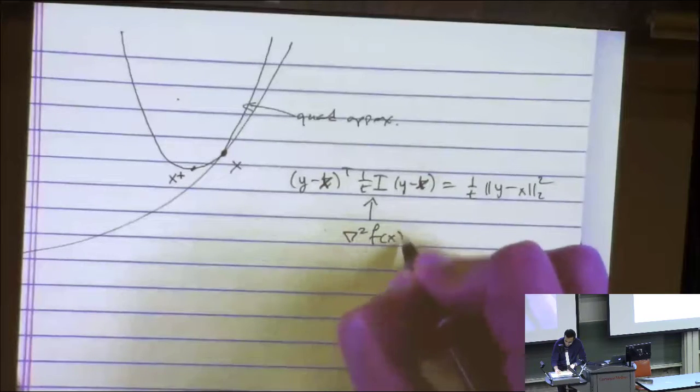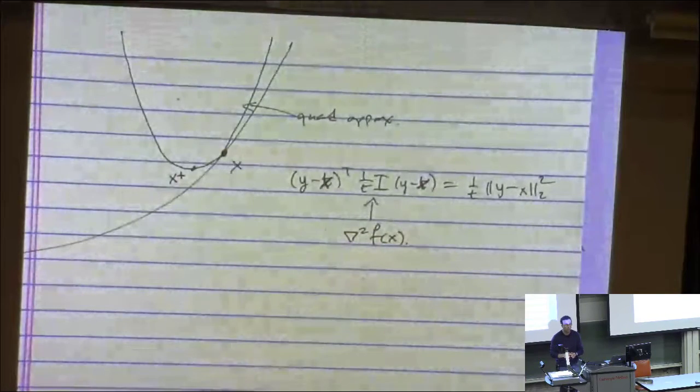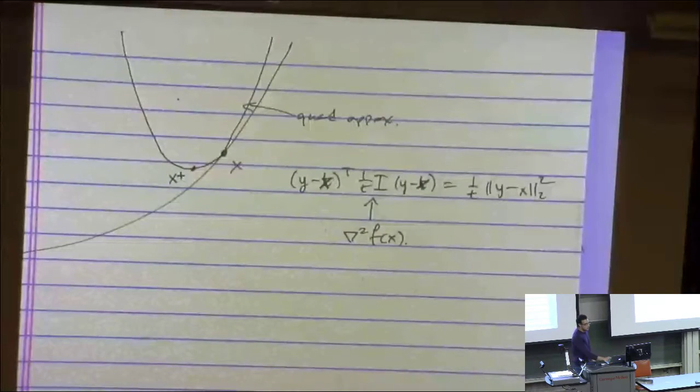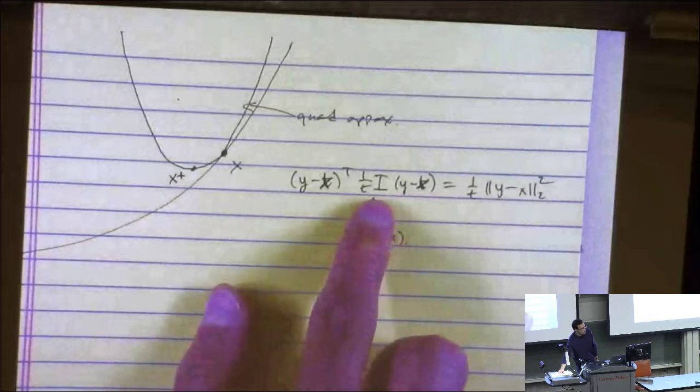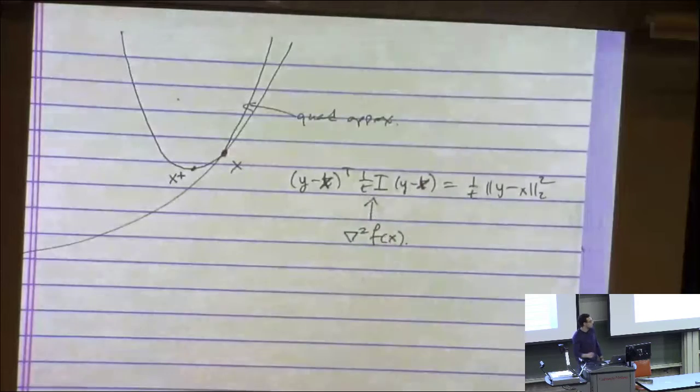So in that sense, it's much more specialized to our problem's geometry than just using a generic spherical quadratic form, the 1 over t times identity.